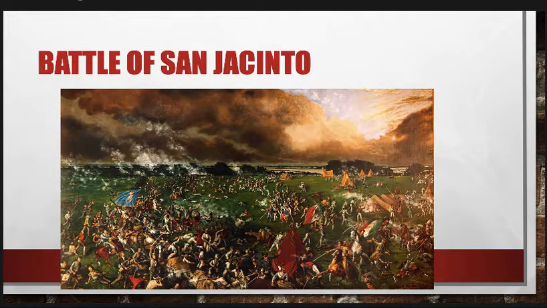The Texans wiped out the pursuing force and captured Santa Anna, forced him to sign 2 treaties. By these treaties, the terms agreed that Mexico would withdraw all troops from Texas, and Mexico would recognize the Rio Grande River as the southern border of Texas, as the boundary between Mexico and Texas, the Rio Grande, the big river, as the southern boundary of Texas.